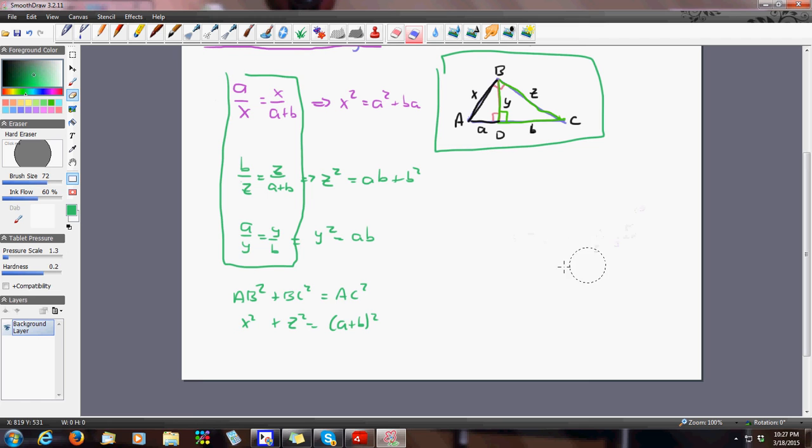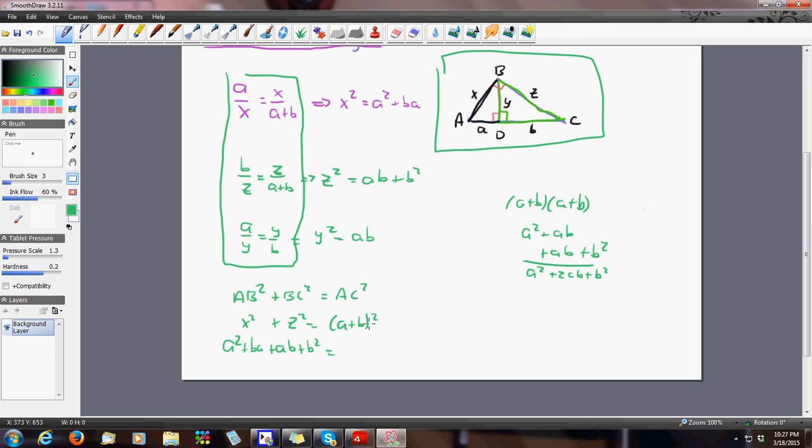If you FOIL out a plus b squared, what you get is a plus b times a plus b, and you get a squared plus ab plus ab plus b squared. So you get a squared plus 2ab plus b squared. But x squared is really a squared plus ba, and z squared is really ab plus b squared.